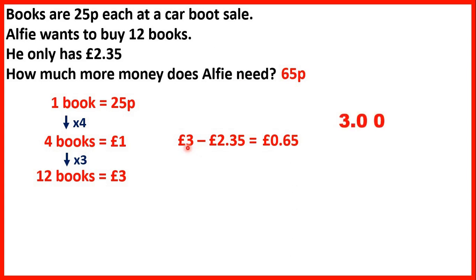And we probably need to use column method for this, so remember £3 can be written 3.00, so if we subtract £2.35, we can use column method, and that gives us 0.65, so that's 65 pence as our answer.